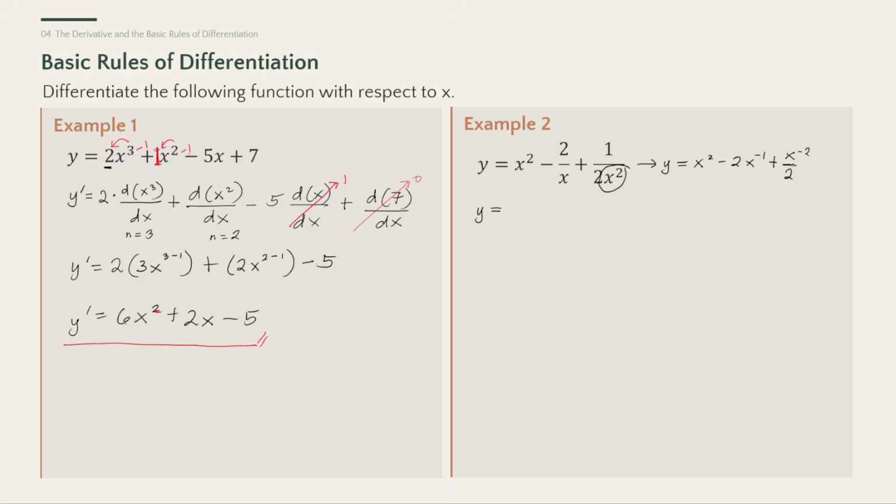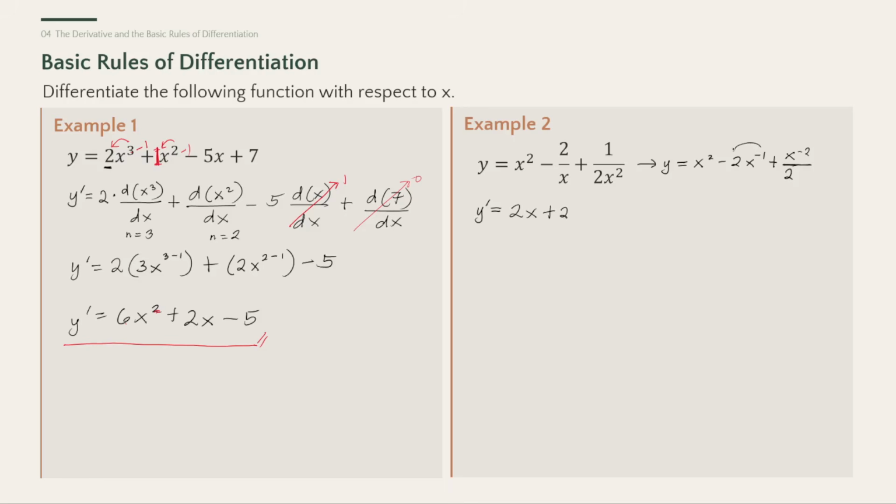So in this case, we have x raised to negative 2. Okay. Now, we can apply the power rule. So we have x squared. The derivative of that is just 2x. And then negative 1 times negative 2. So we have positive 2.